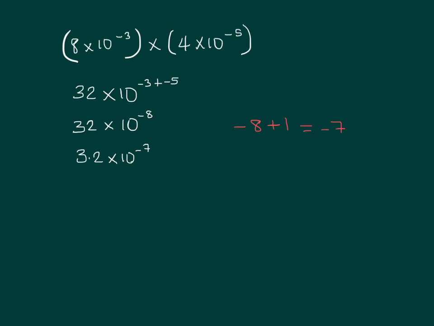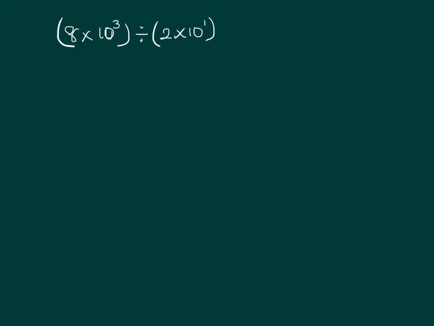Okay, right, let's move on. Here we have a different situation. We're dividing this time, so that number divided by that number, and if you remember from the first slide, when we are dividing we subtract the powers this time. But carry on as normal. Your two main numbers at the front, just divide them.